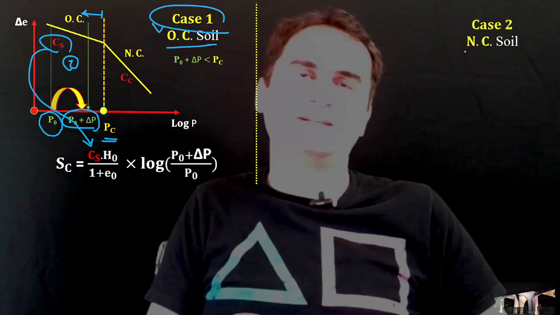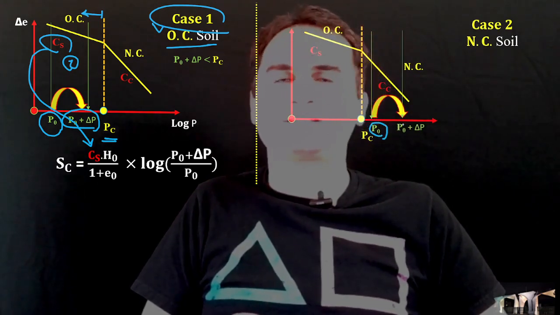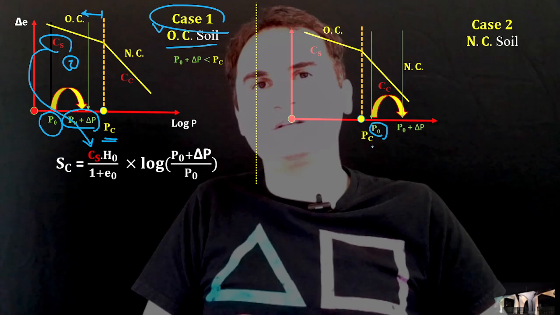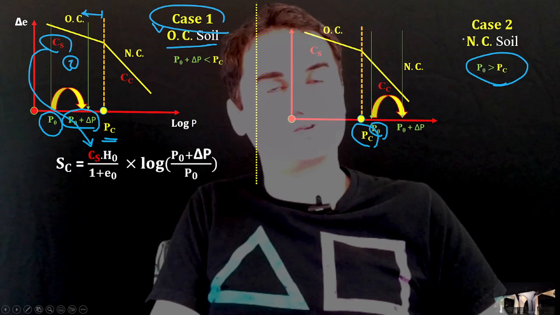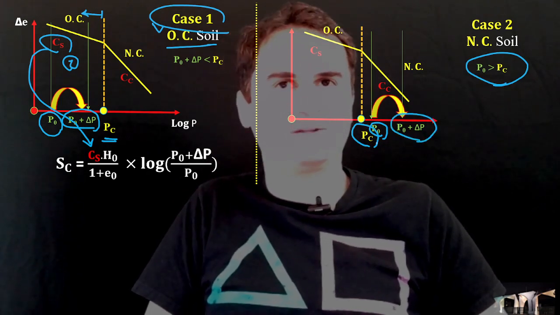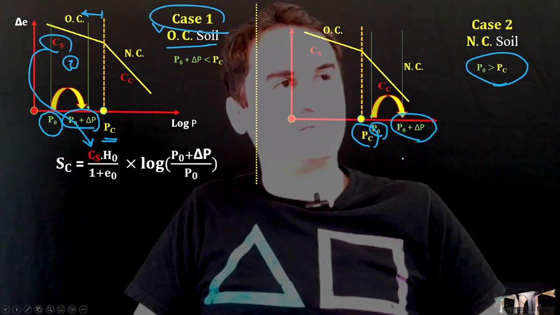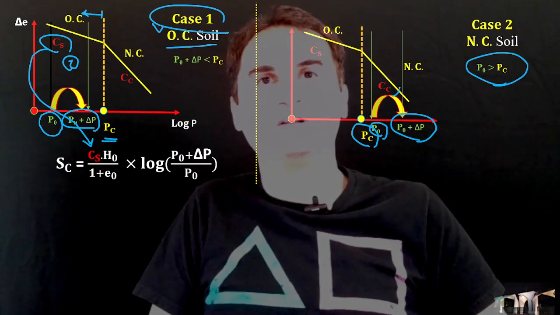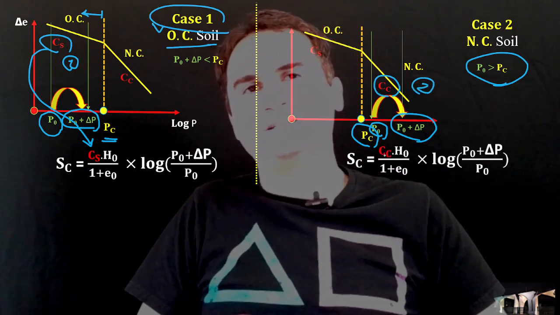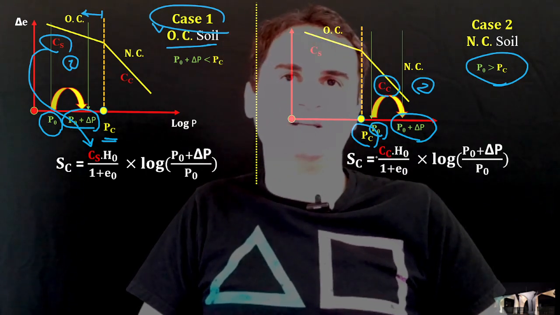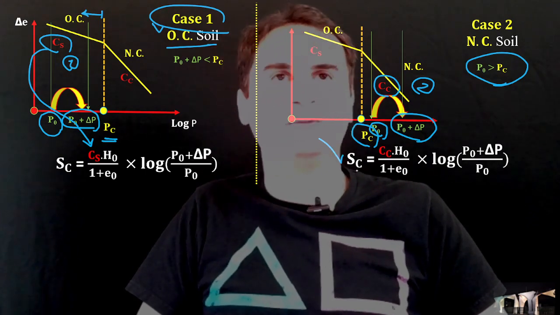The second case is when your initial effective stress is higher than the maximum stress which the soil has experienced so far, let alone P naught plus delta P. Initial P is higher than the pressure which the soil has experienced so far. Definitely you are in zone 2, then you need to use the compression index in your consolidation settlement equation.